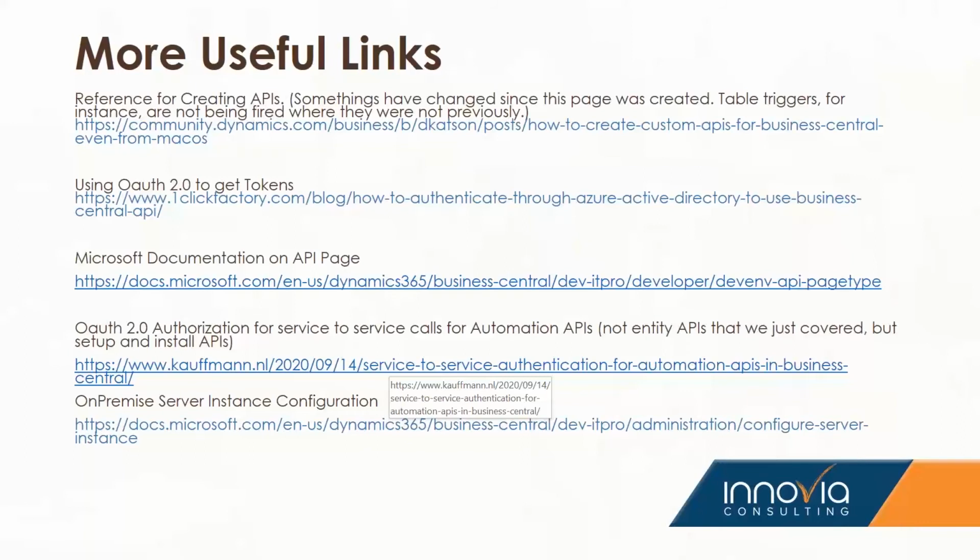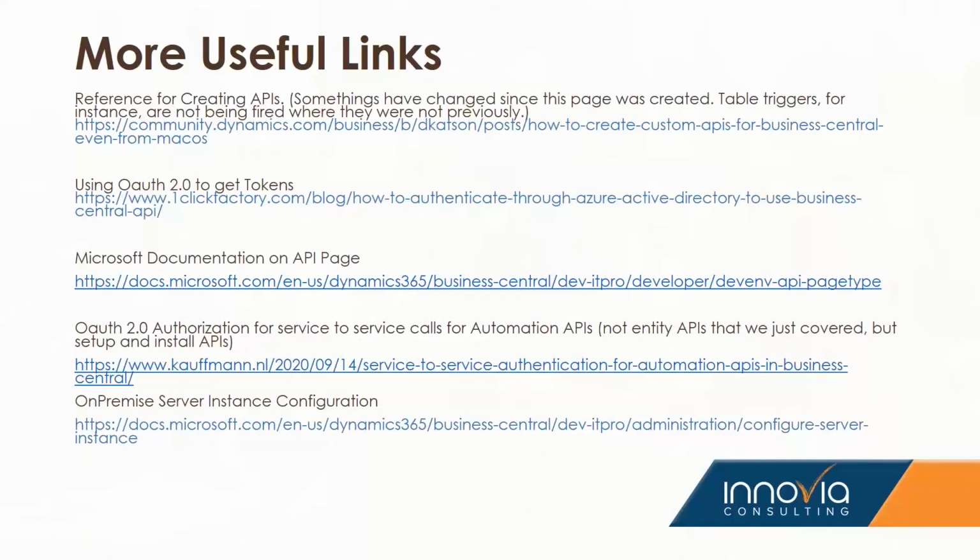And your API page here is a good starting point on just building your API pages. The OAuth 2 authorization for service-to-service calls for automation APIs: what I have here is a link to a blog.